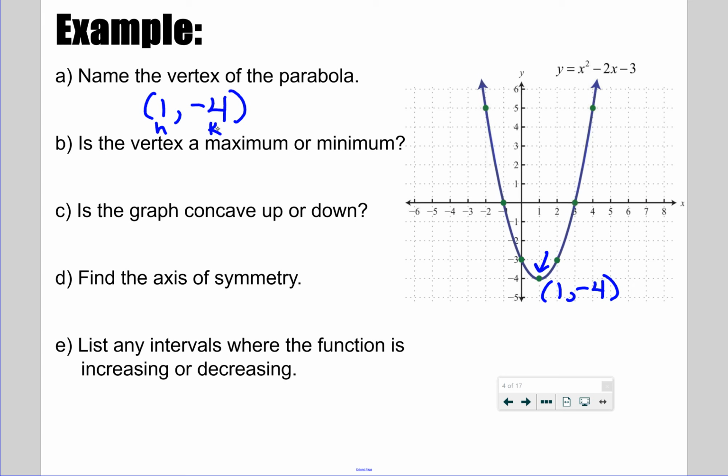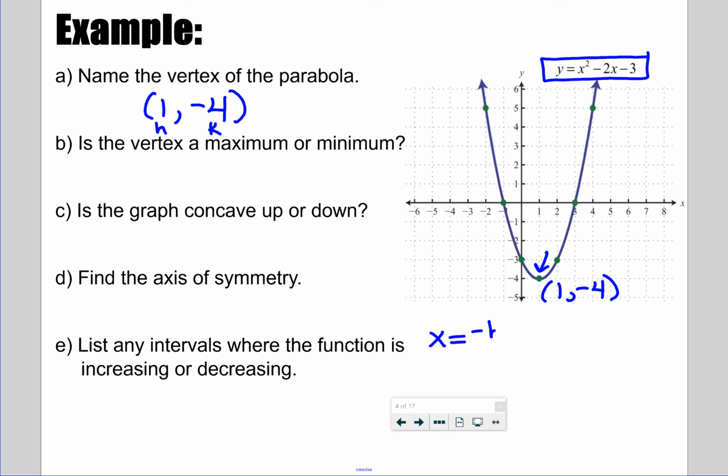In addition to that, if you didn't have this graph, you could use the equation to calculate that vertex. Remember our formula to get the x, or the h, was -b, or opposite of b, over 2a. In this equation, we say that a is 1, the number in front of the x squared is 1, the b is -2, and the c is -3, the numbers in front of the x and the constant respectively.